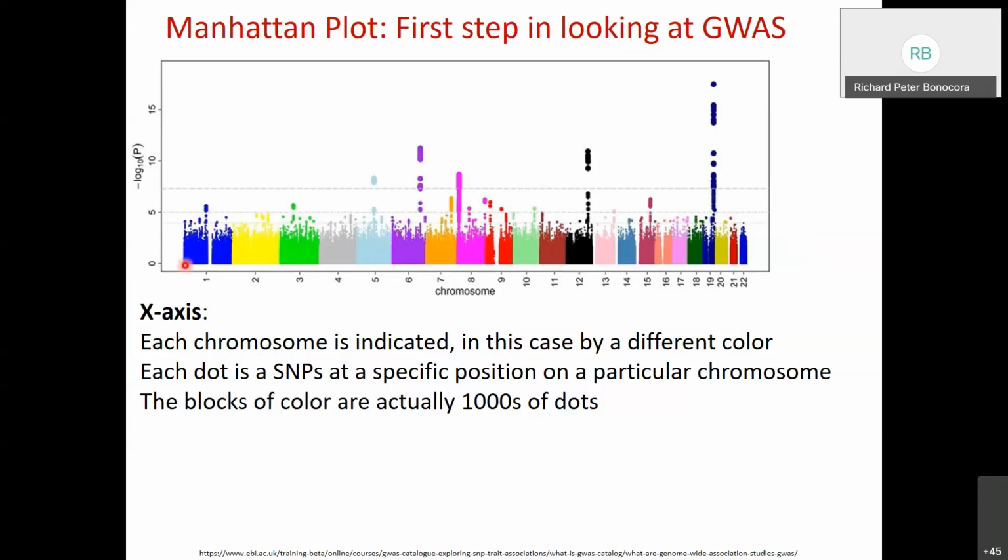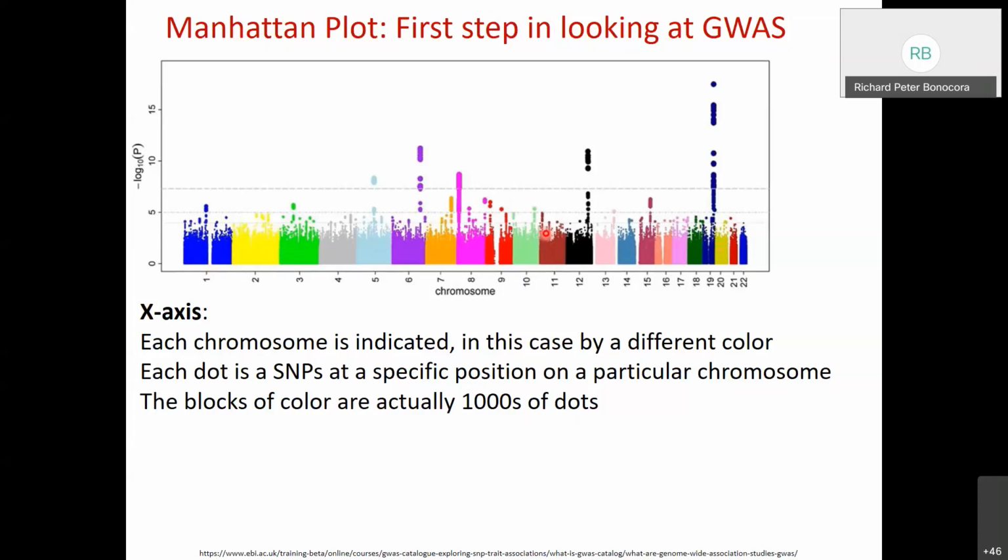Now, each chromosome has all its SNPs clumped together, and there are so many in this blue region that you can't see the individual dots. That's the same case for all of these. Imagine this represents an entire chromosome. That's a very small space for all the base pairs in that chromosome, so everything gets very compressed. This is going to be thousands of SNPs.